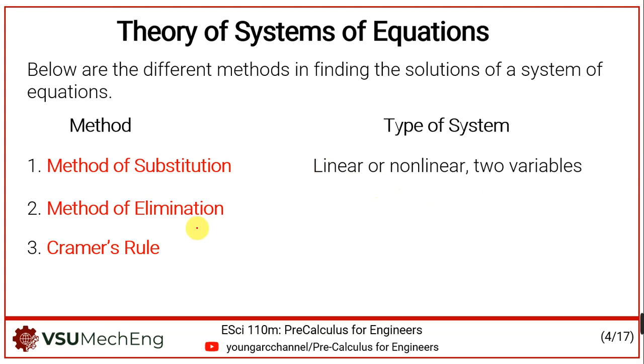Now, the second method, which is the method of elimination, will work best for linear only, because for nonlinear, you will find it hard to eliminate those terms that have different exponents or different expressions in them. So elimination works for linear with the same variable and corresponding exponent, and is valid up to two variables only, because if we have three or more variables, it will be a lengthy process.